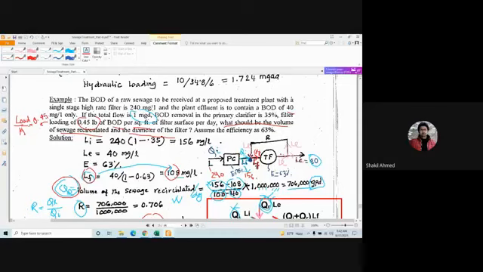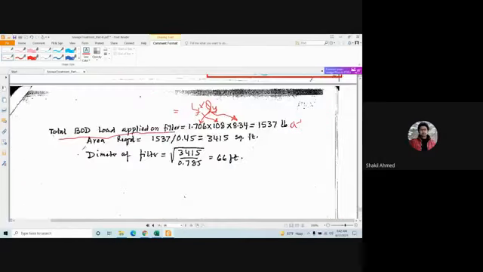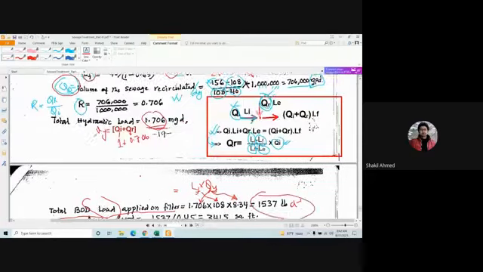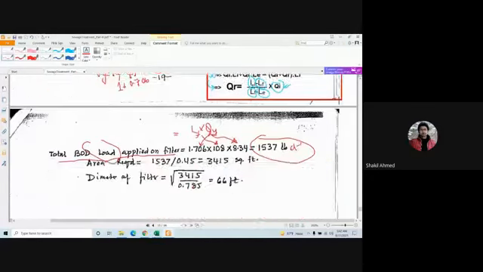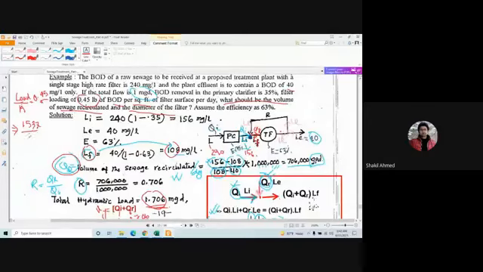Load per unit area has to be 0.45. So guys, load is what? This 1537 per day, 1537 divided by area, this is the area, equals 0.45.